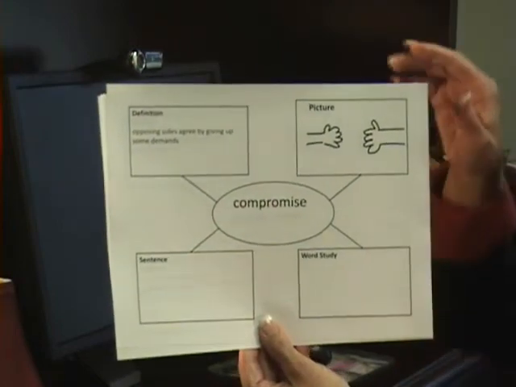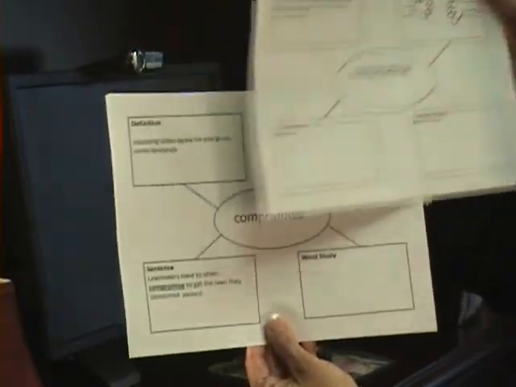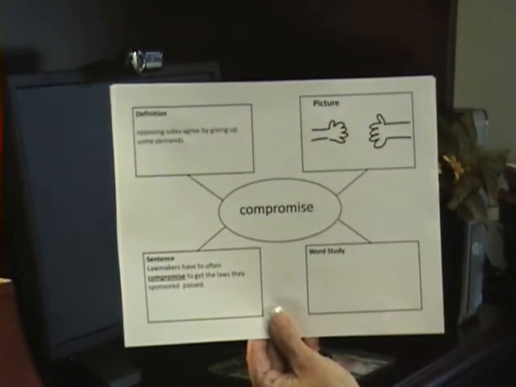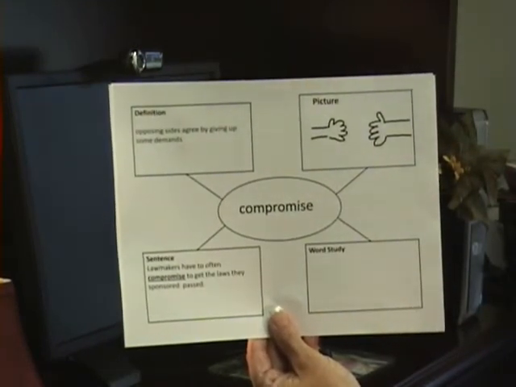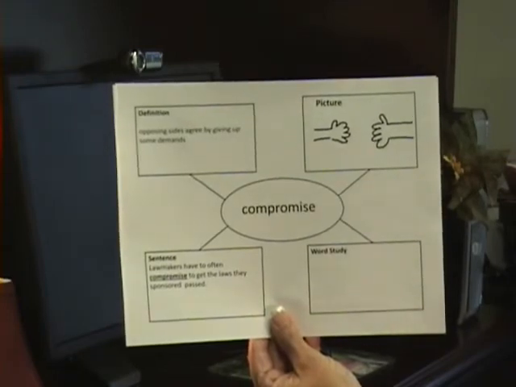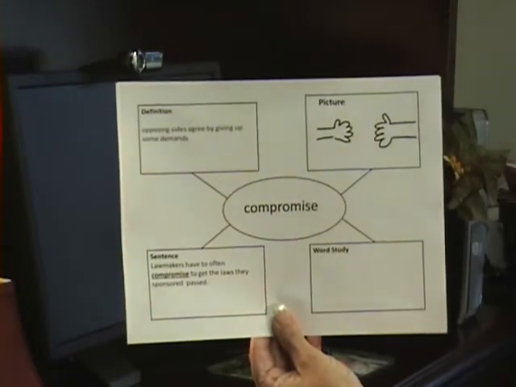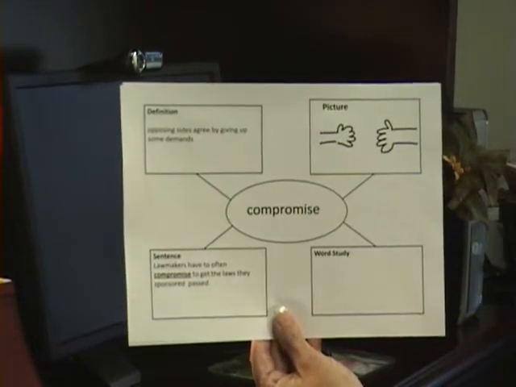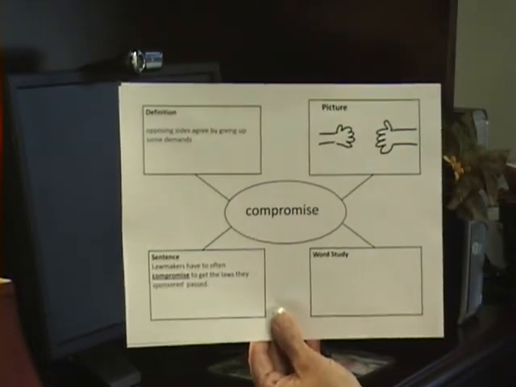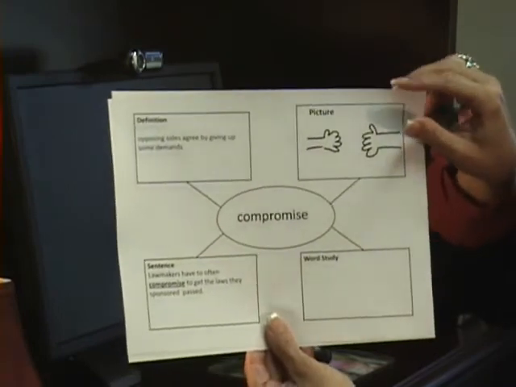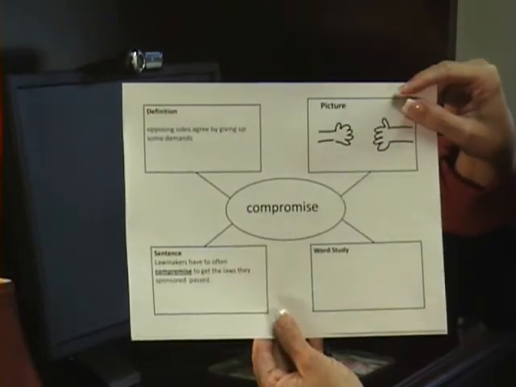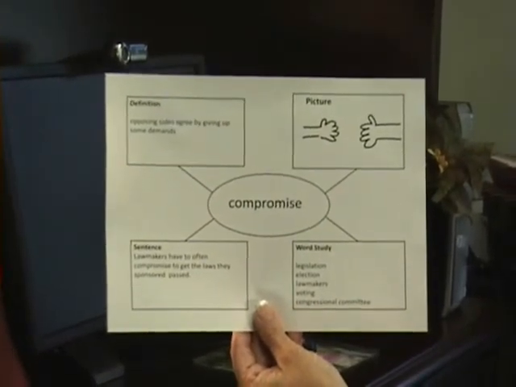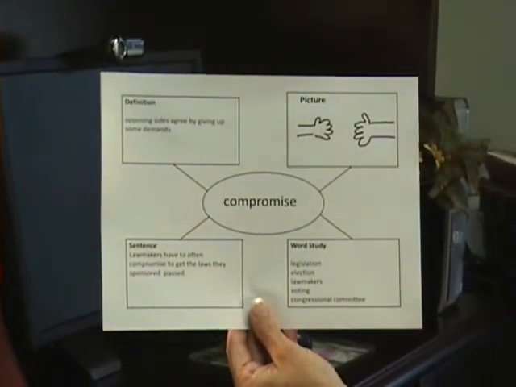Next, I may give the students a sentence containing the word. This sentence needs to provide contextual meaning of the word. I may write, "Lawmakers often have to compromise to get the laws they sponsored passed." Finally, I would provide additional words for this word, such as synonyms, categories of the words that the words may fit into, or other facts about the word.